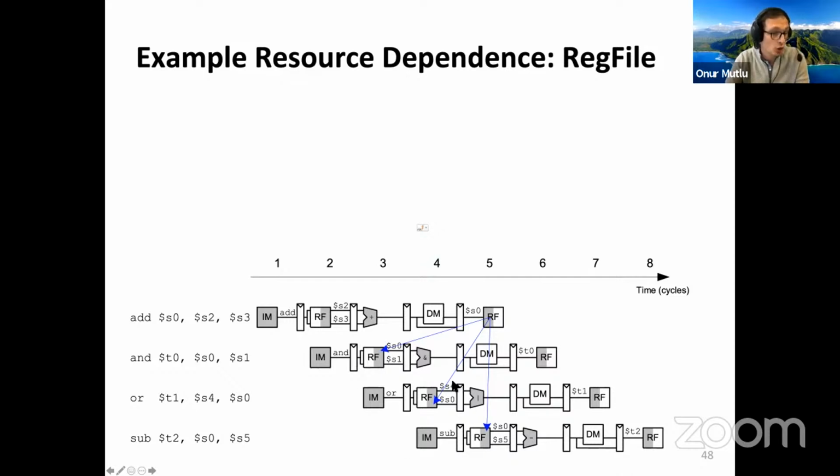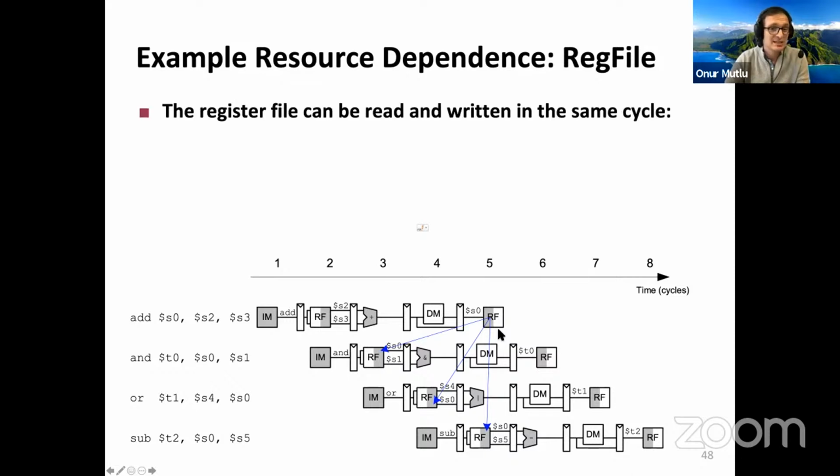So this picture is wrong, meaning this AND instruction cannot read the register file at stage 3, cannot read it in stage 4, because the result that it needs, S0, is not in the register file yet. It can possibly read the result in cycle 5 over here, meaning it should stall until then. It should do the register file read over here, assuming that the resource contention is handled well.